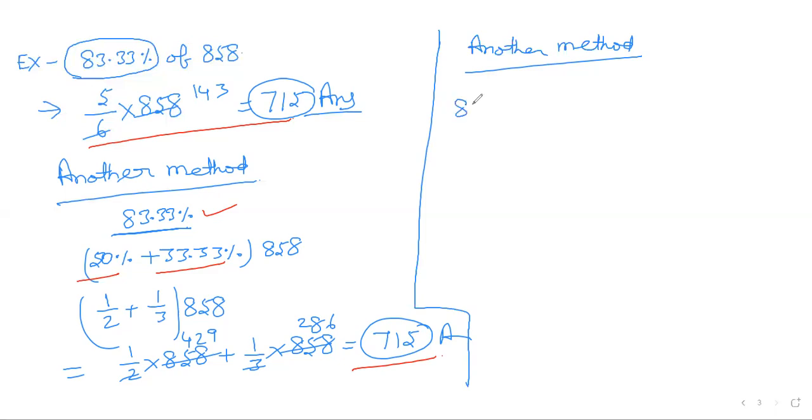Like 83.33% of 858. Okay, so here I don't get what to do. How can I get 83.33% directly? I don't know this.